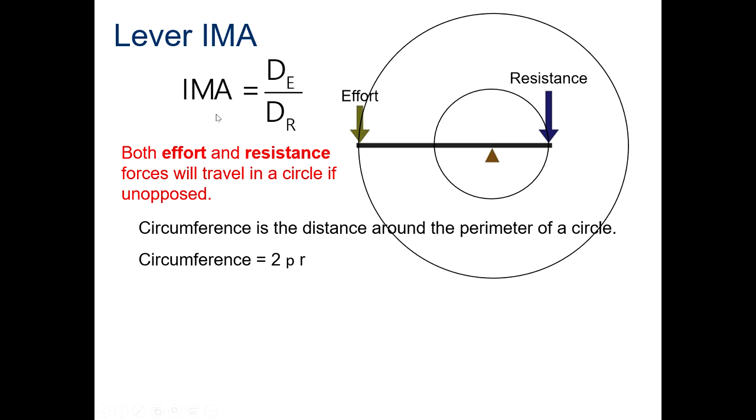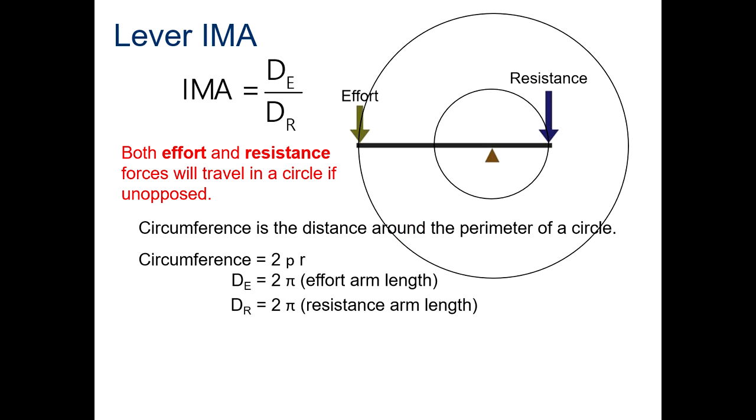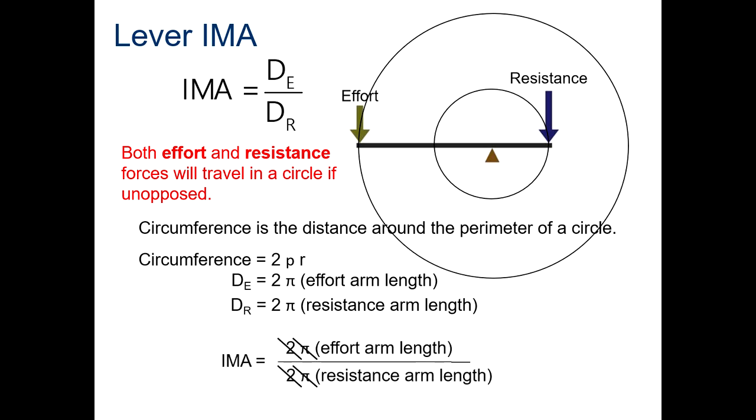All right, so our ideal mechanical advantage, again, is going to be our effort divided by our resistance. And it doesn't matter if we're using a lever or a wheel. A wheel is just a lever that's inside of a circle. Okay, and the way that works, if we've got the 2 pi, when we divide it, the 2 pi cancels out.